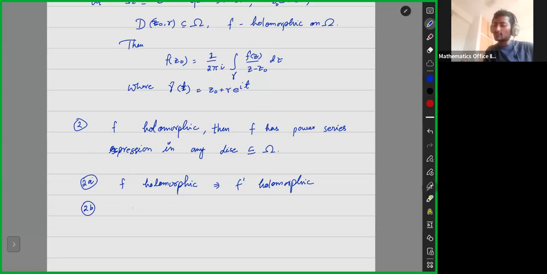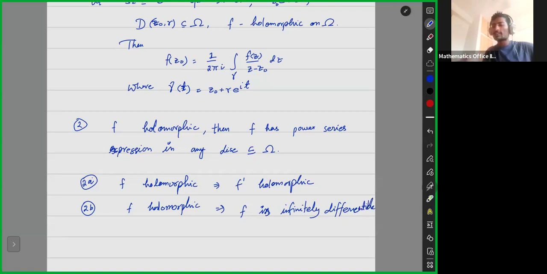And once F is holomorphic, it is infinitely differentiable, using 2a again and again repeatedly.